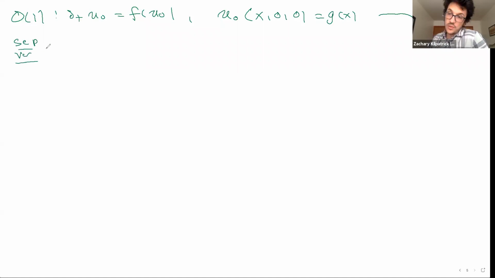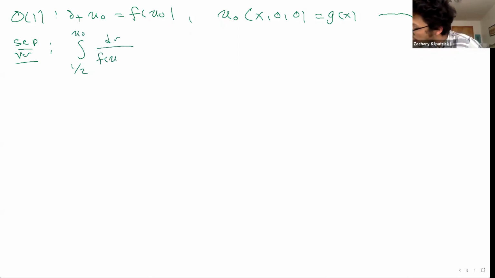Now we can solve this. We can use separation of variables because it's really just an ODE in time. We get that the integral from 1/2 to u0 of dr over f of r is equal to time plus a function theta of x and tau that doesn't depend on time.